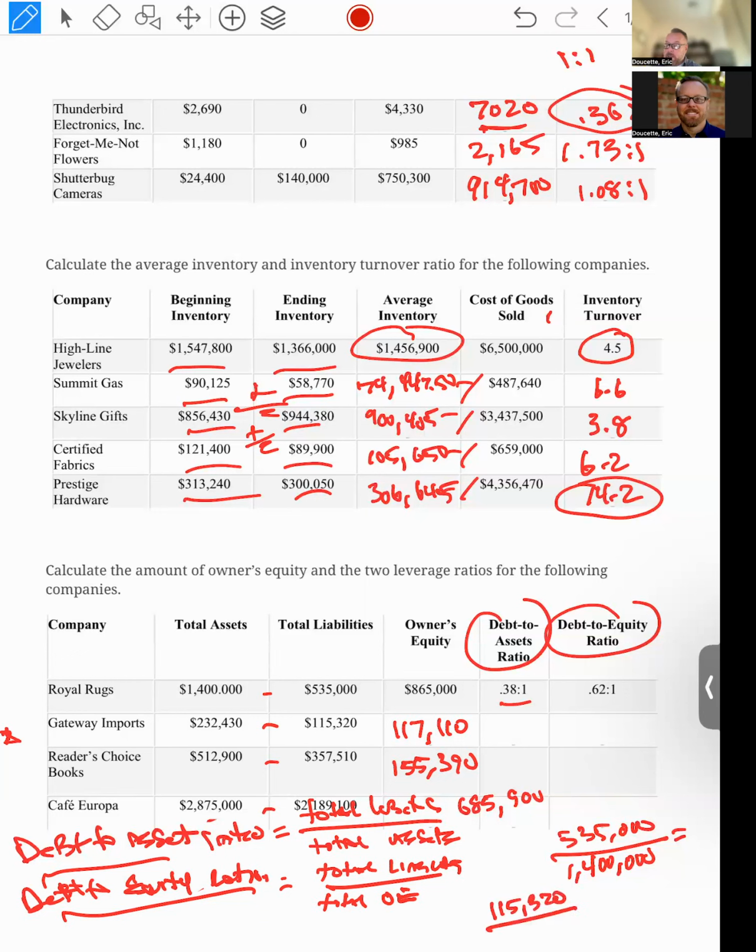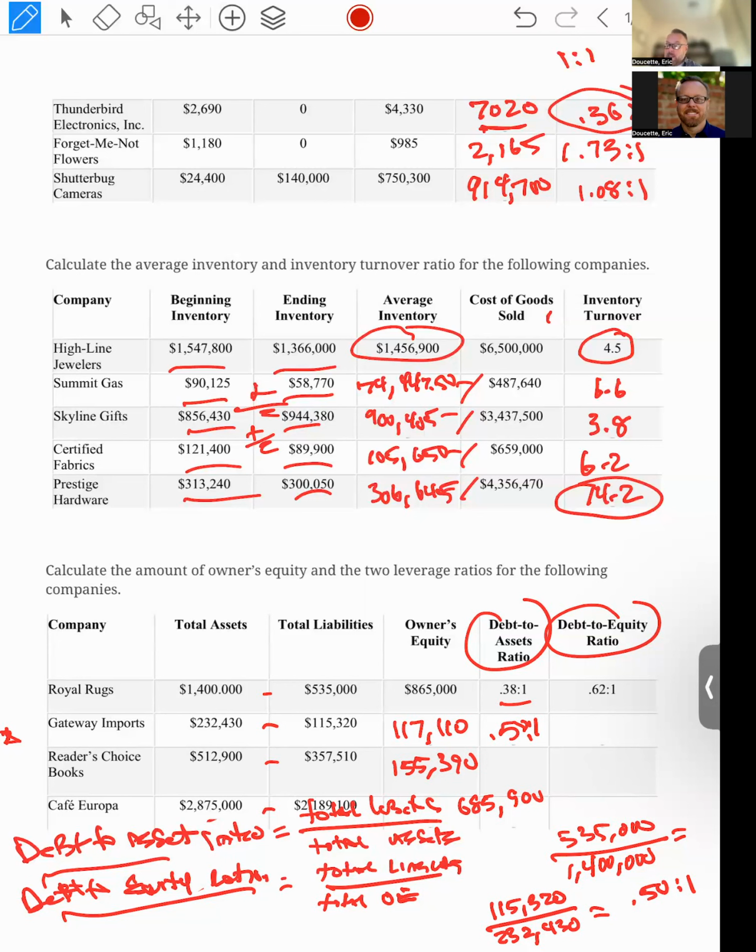The next one would be 115,320 divided by 232,430, which comes out to 0.50 to 1. That means I have 50 cents of debt for every dollar of asset that I own. And this is, again, total assets.